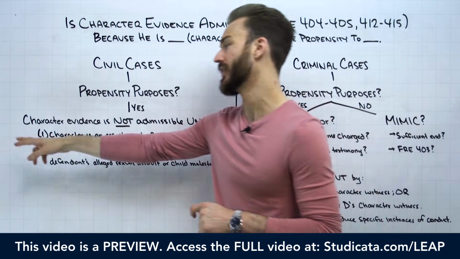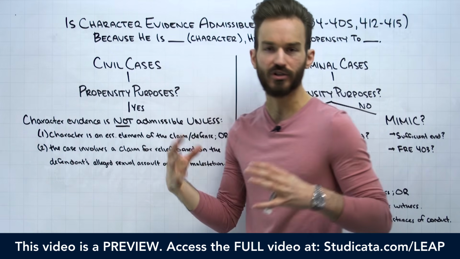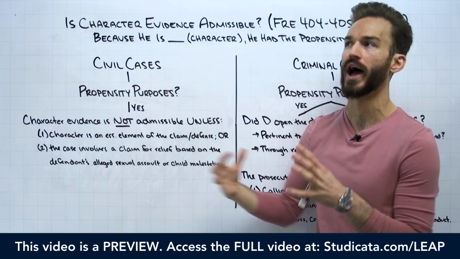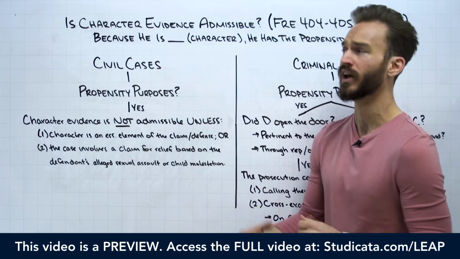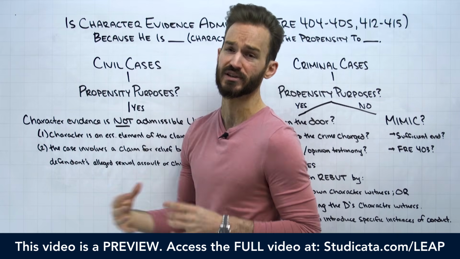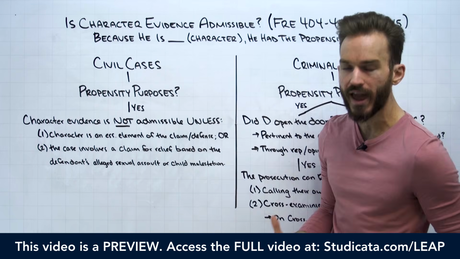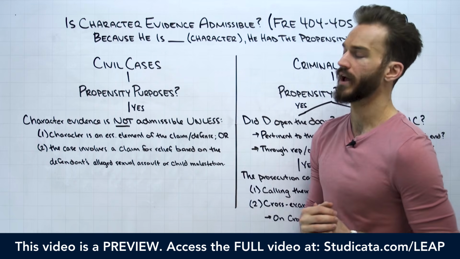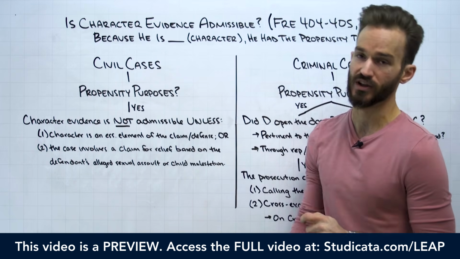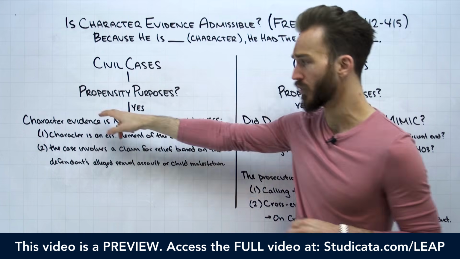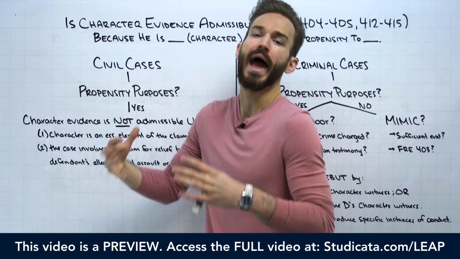So if we have something like a defamation action, negligent entrustment, or a child custody case, where sometimes the character of the parents is at issue, if it's an essential element of the claim or defense, then we're going to allow the character evidence to come in civil cases, even for propensity purposes, because we have to.